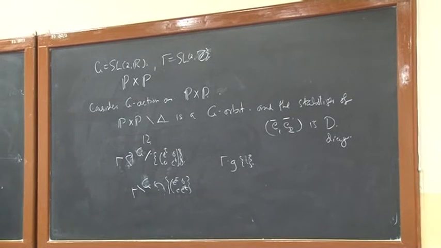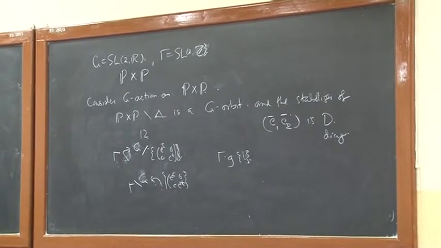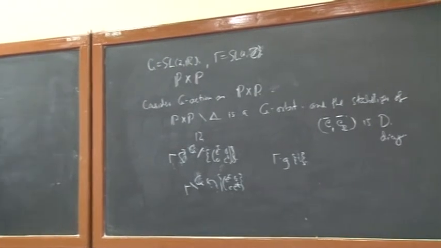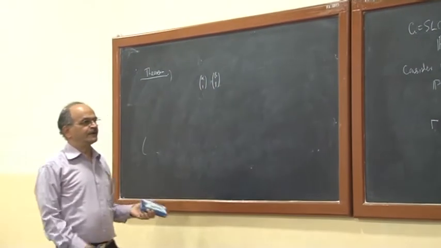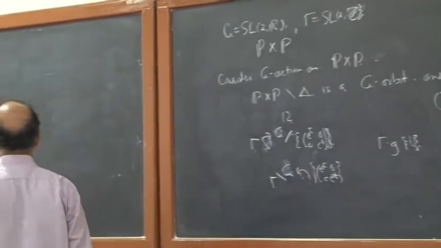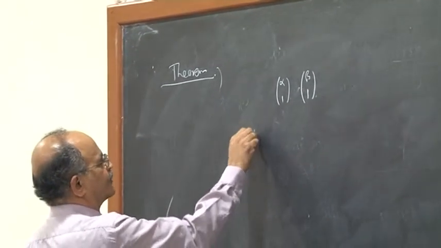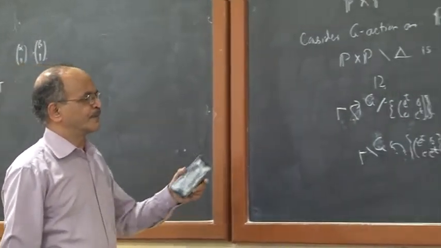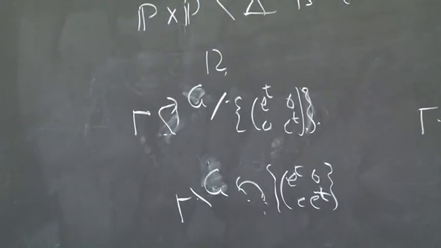So here, in the projective space, you think of the cosets as representing classes of lines, and the theorem then corresponds to gamma orbits.